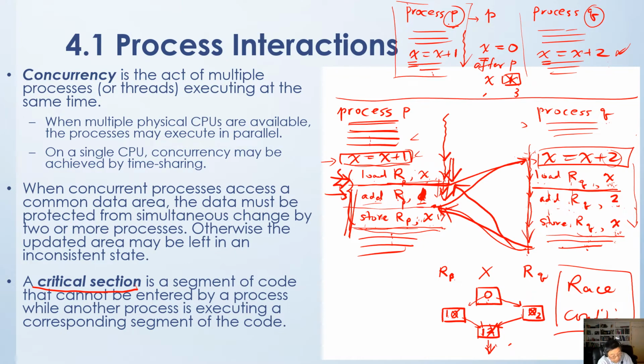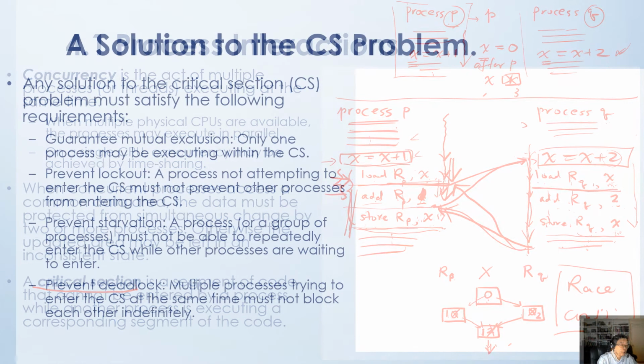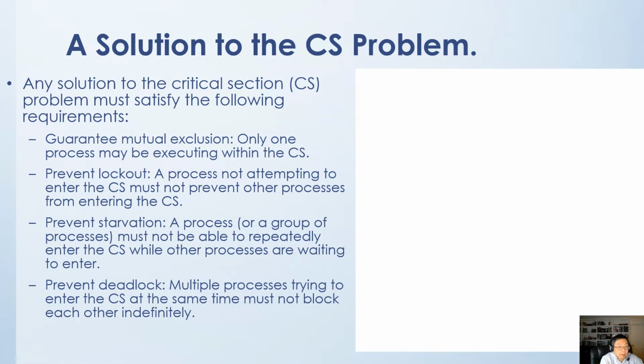Okay, let's take a look at the next slide. We mentioned that the operating system uses the critical section to resolve these race conditions. In the previous example, if we want to execute x equals x plus 1, we know that after compiling, this is split into 3 instructions.